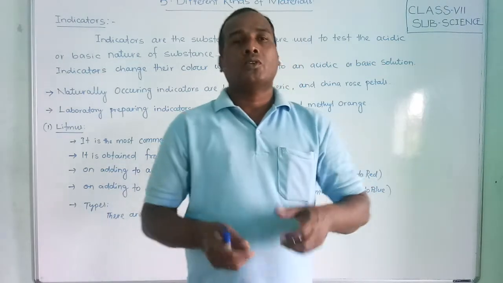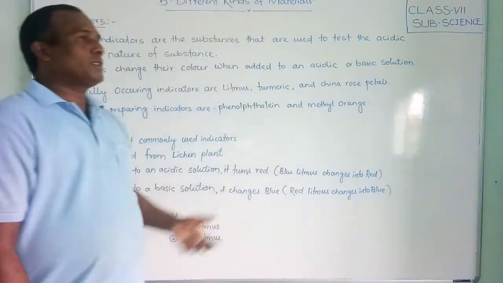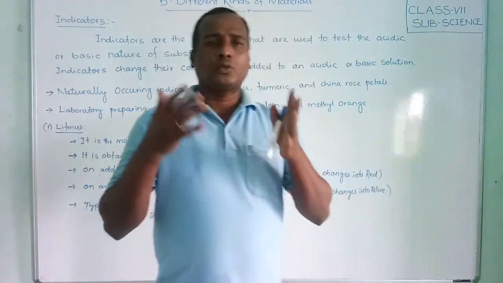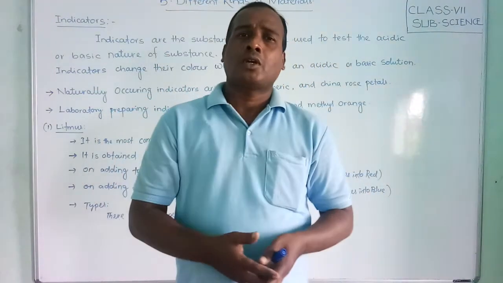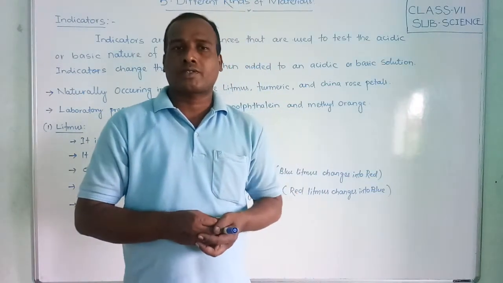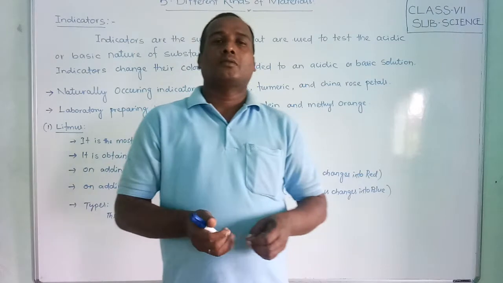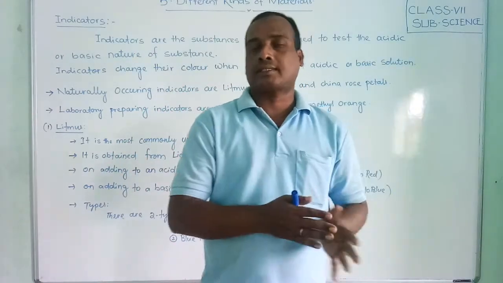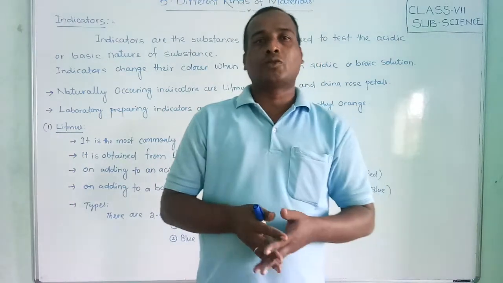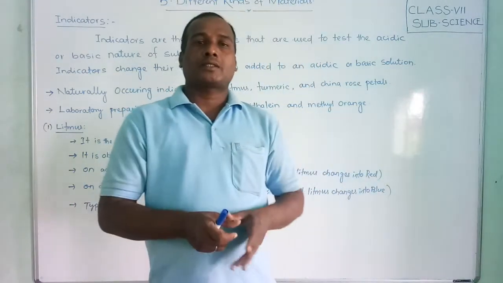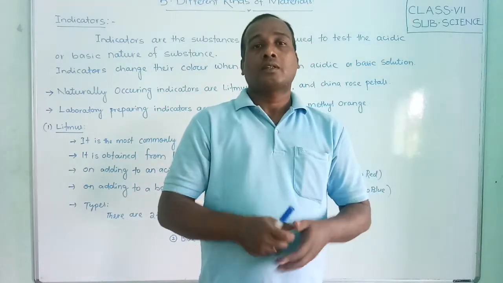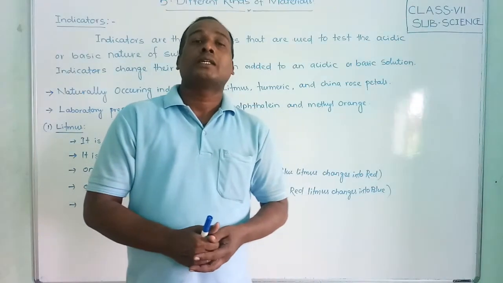Yes? Okay. So for the properties of chemical substances, in acidic or base solutions, we don't want to find out by testing with our tongue or mouth every time. So to detect whether a substance is acidic, basic or neutral, we are using indicators. Some substances that we use for this are generally called indicators.